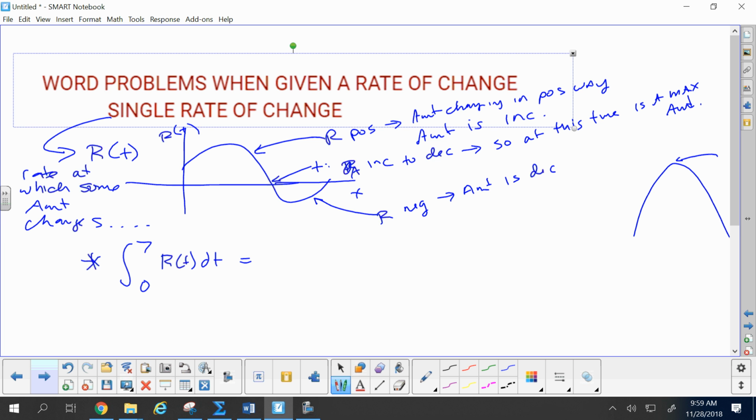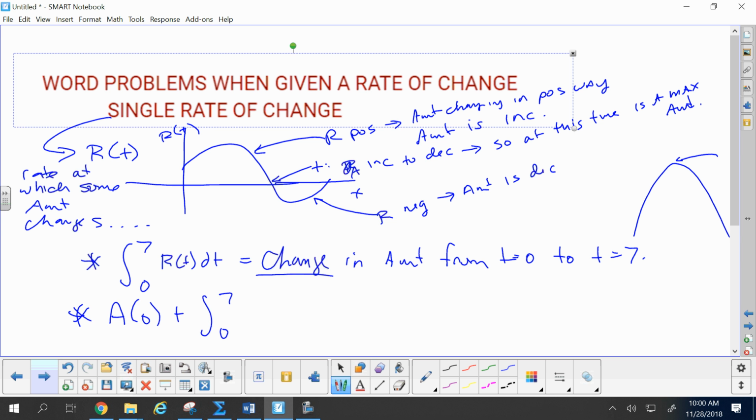It's the change in the amount from time 0 to time 7. That represents how much change in the amount. To find the actual amount, you also need to know the initial condition. Okay? If I had the amount at time 0 plus an integral, well, that would be the starting amount plus the change in the amount. What would that represent?